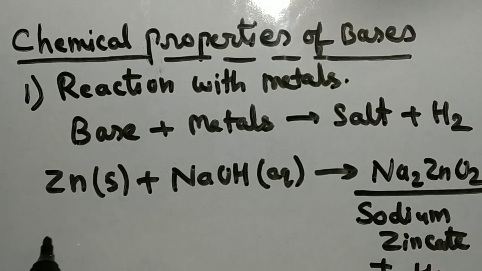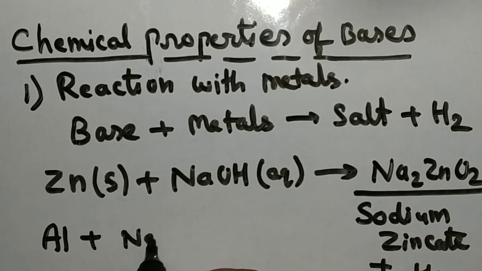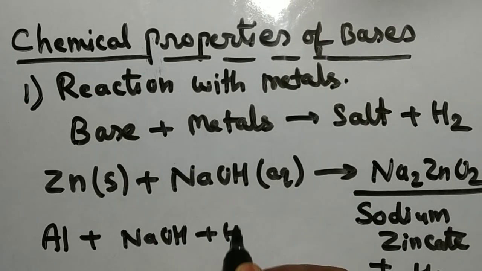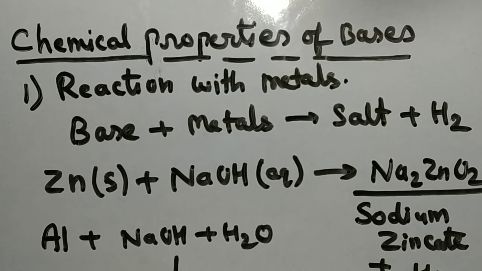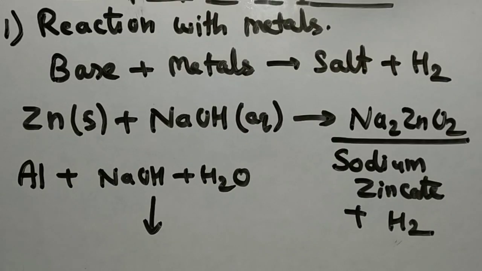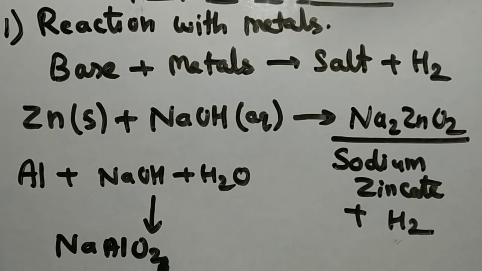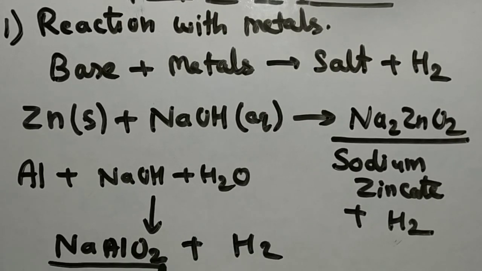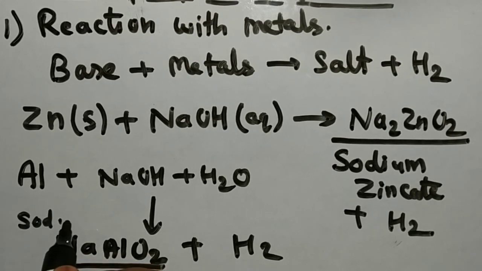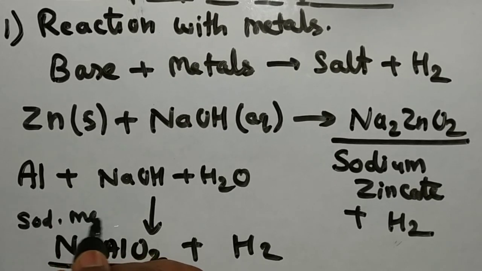In a similar manner, Al plus NaOH in aqueous solution gives NaAlO2 plus H2. The name of this one is sodium meta-aluminate.